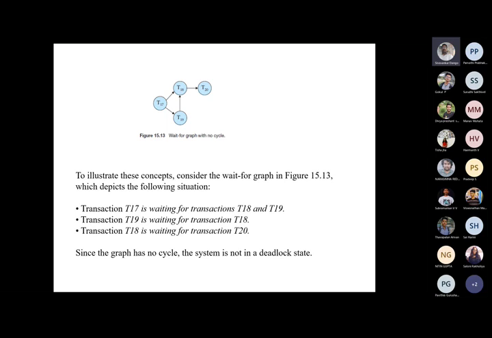This graph implies that transaction T7 is waiting for the data item that is being held by transaction T18 and transaction T19, and transaction T18 is waiting for the data item that is being held by transaction T20, and transaction T19 is waiting for the data item that is being held by transaction T18. Since the wait-for graph has no cycle, the system is not in a deadlock state.